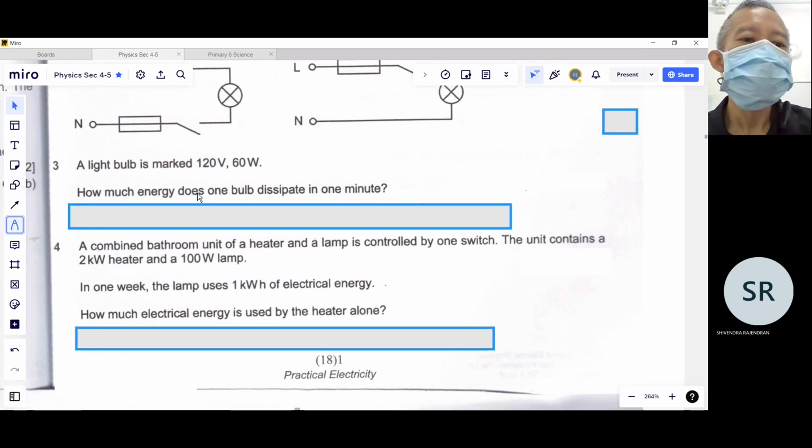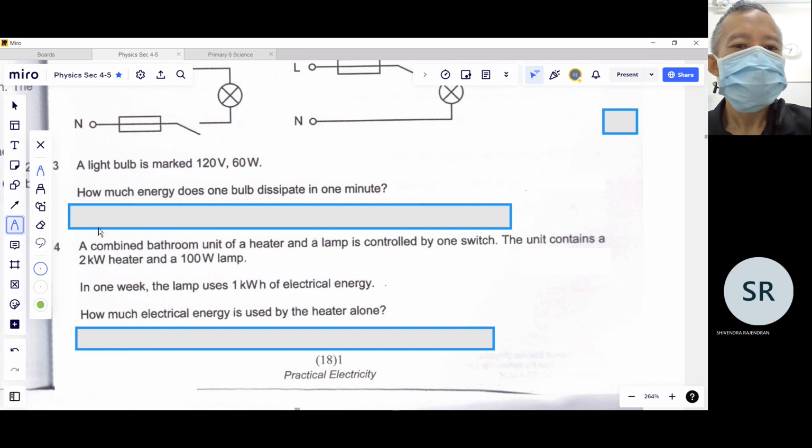Companies, I write down some formulas for you. Let's say for question 3, you better know power equals to energy over time. And of course, make sure you know your units.